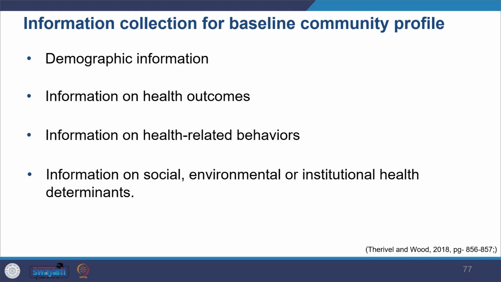And then you look at health-related behavior, smoking, physical activity, and all. So when you do the profiling, you look at all those aspects. And then plus you also look at social, environmental, and institutional determinants, which we discussed, like the housing, healthcare services, income, and education. So you also evaluate those aspects.